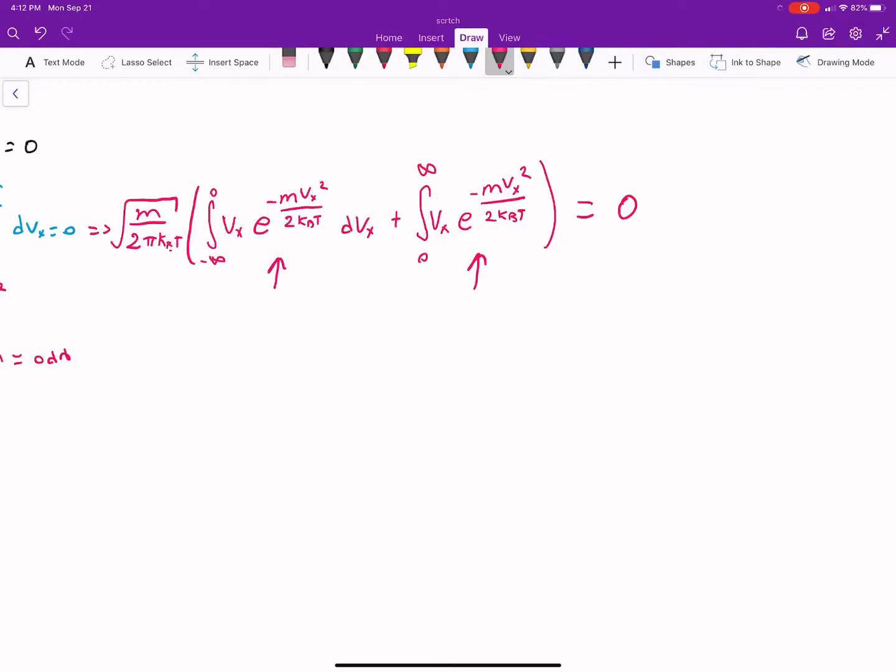They're going to cancel out, given the properties of the odd function.